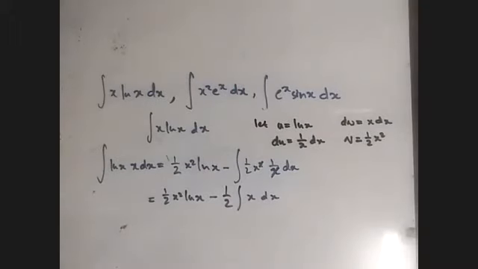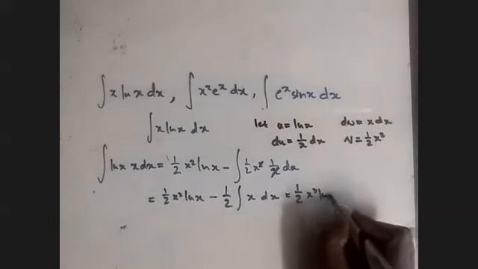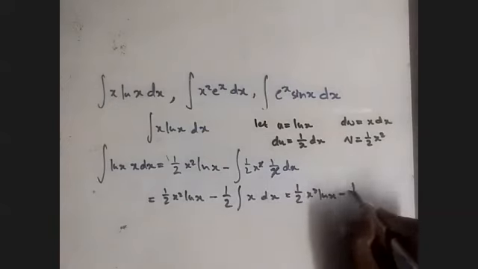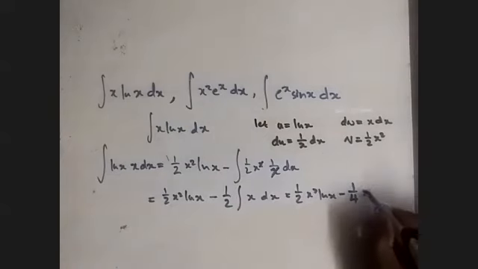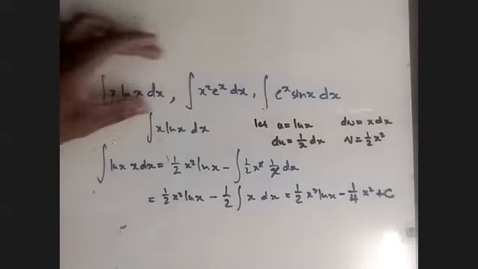But for the purposes of other people understanding, let me just continue with it. So I've got 1/2 x squared ln x minus 1/4 x squared plus c. This is the final answer for the first question.